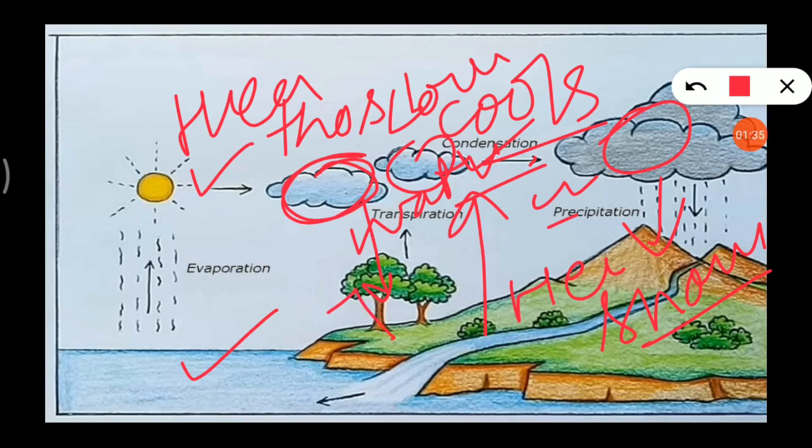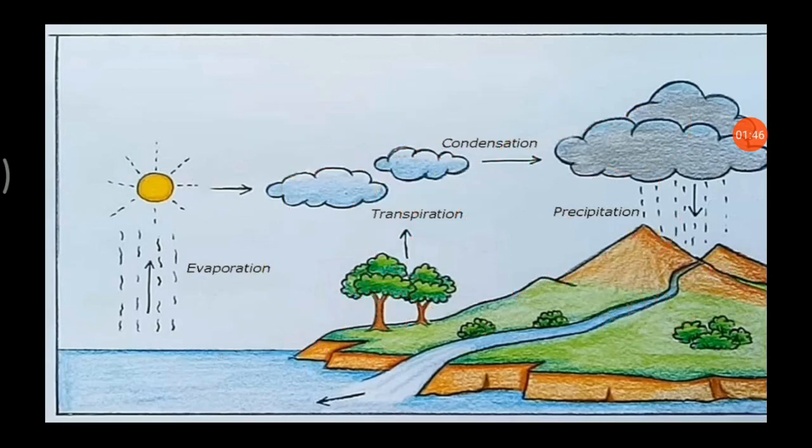It depends upon the condition of the atmosphere of that area. If it is very cold, then there will be snowfall. If it is normal, then rainfall. I hope everything is clear to you with the help of this diagram.